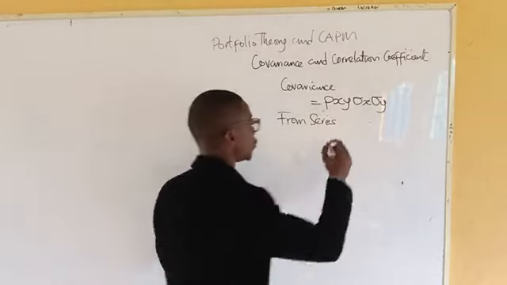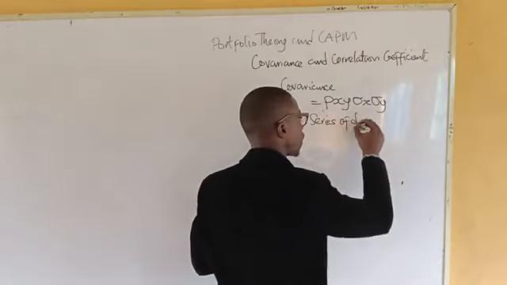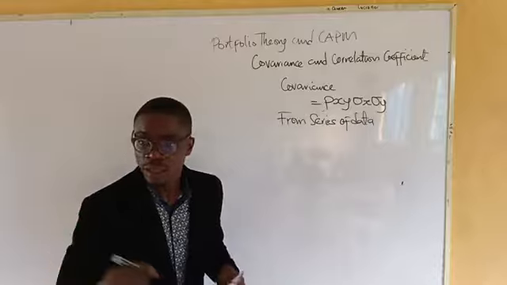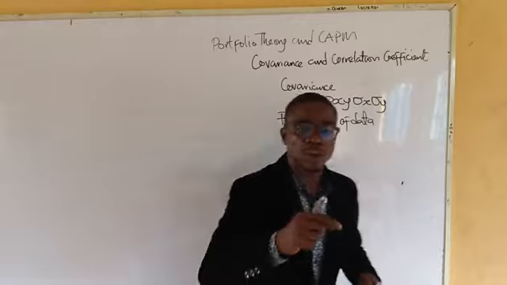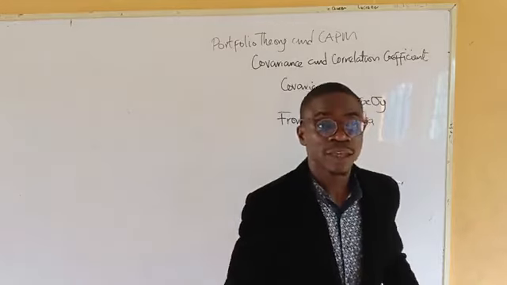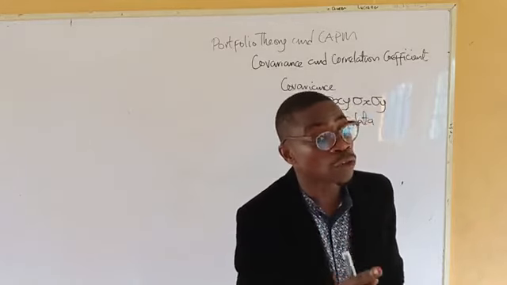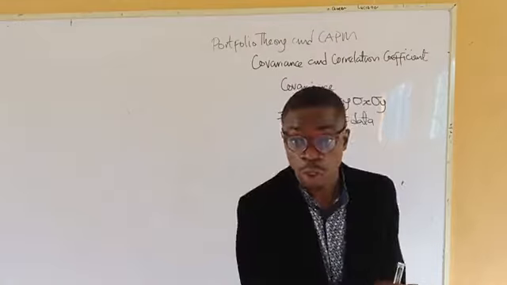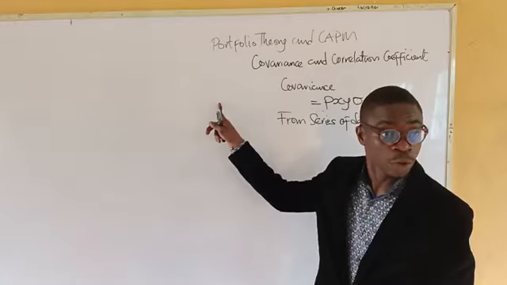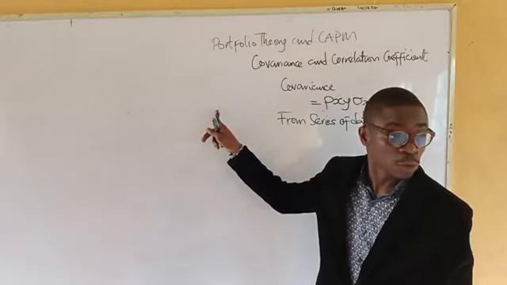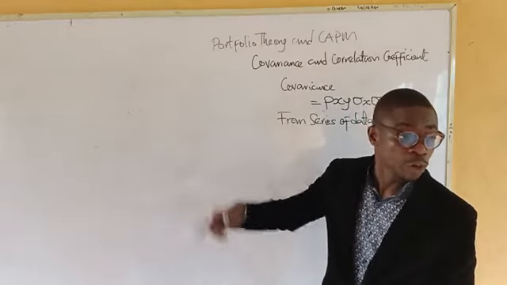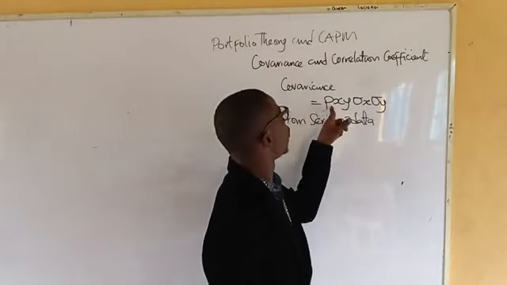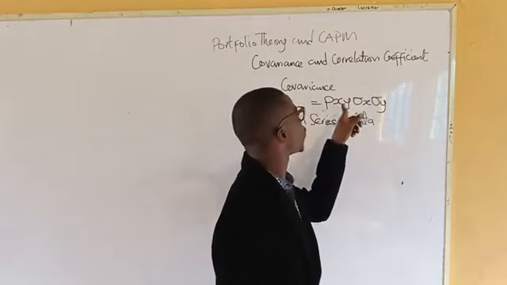Now, the set of data you are given may or may not have a probability distribution. You know the question we saw the other time on risk, it has a probability distribution.